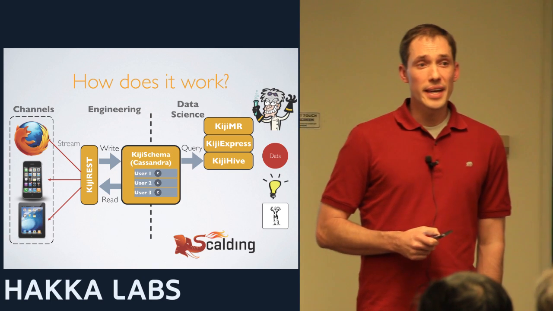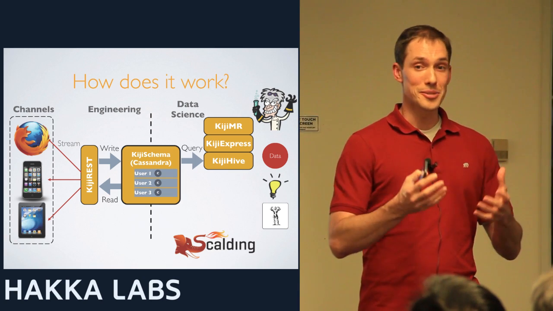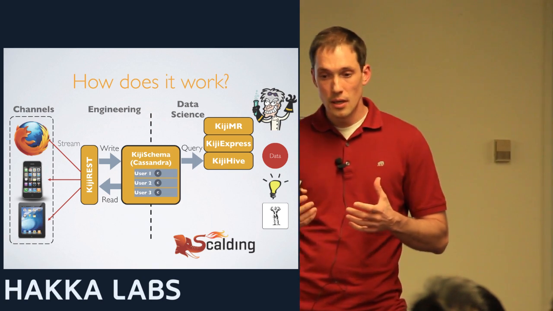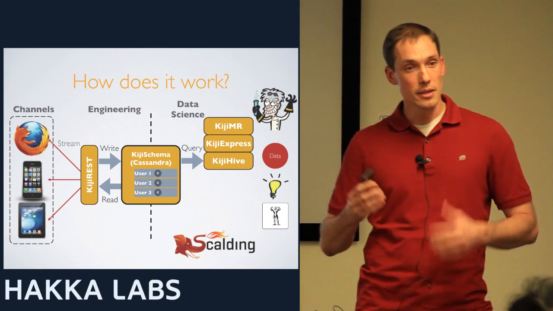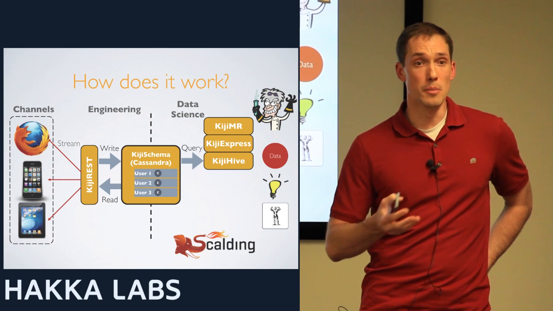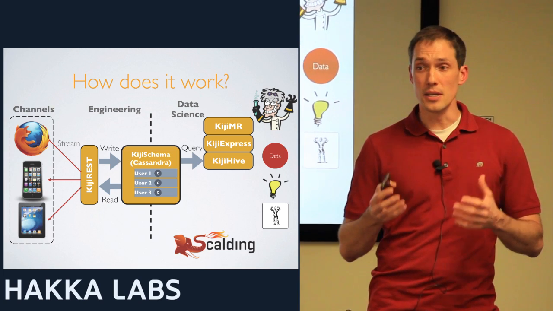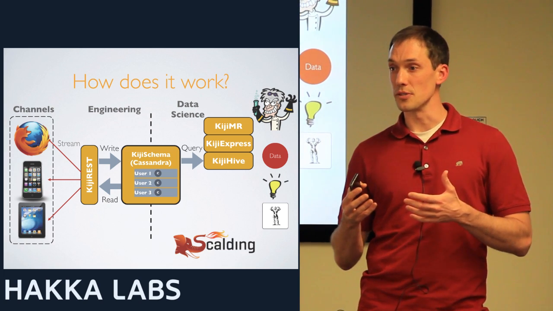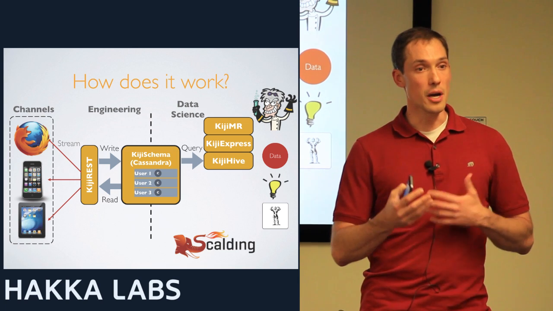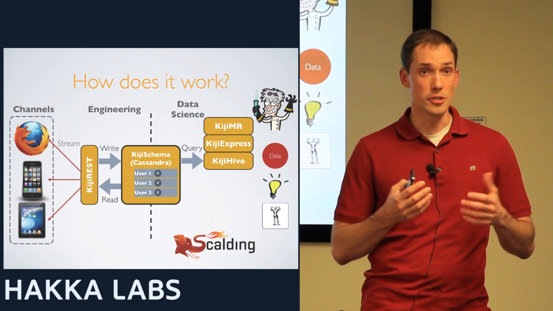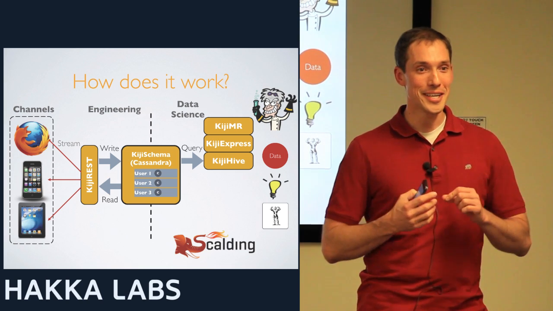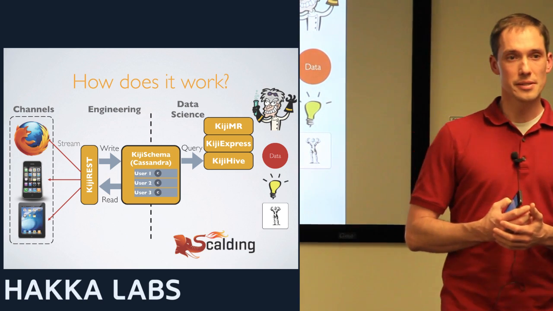So we provide another component, Qiji Express. This is one of the coolest components in Qiji. It's based on Scalding, which is an open source project from Twitter. And it provides a Scala-based DSL for describing chains of MapReduce computations. This is a very concise, intuitive way of describing these kinds of applications.